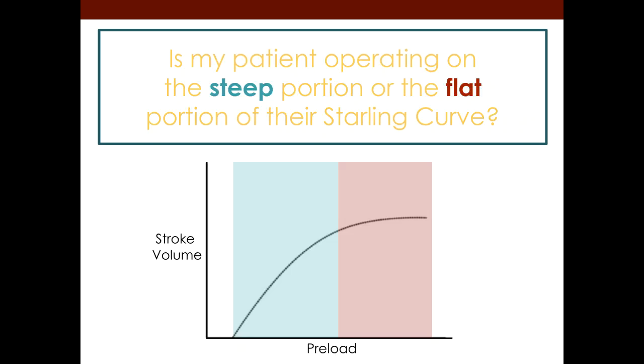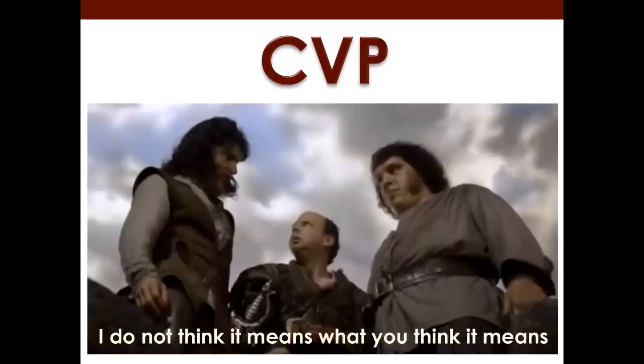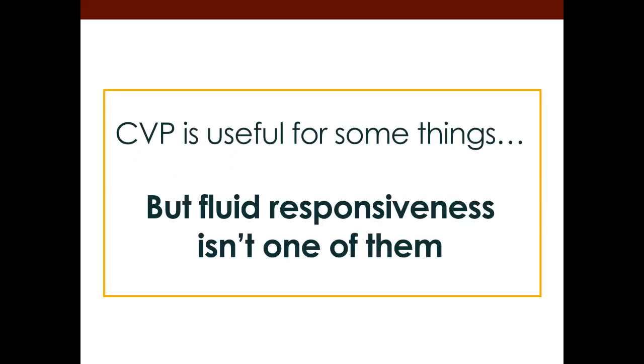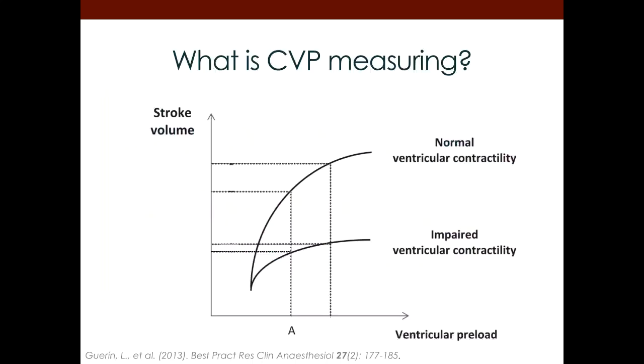So first, let's talk about what does not answer that question, and that's CVP. It turns out that CVP simply does not answer that question. CVP is useful for a lot of things, but fluid responsiveness simply isn't one of them. I think it's important to understand why. Let's talk about what CVP is really measuring here.